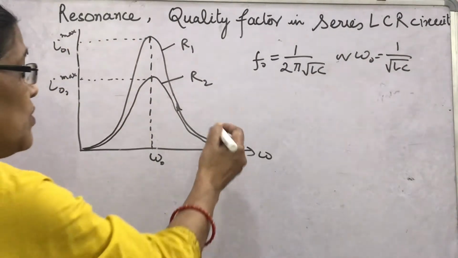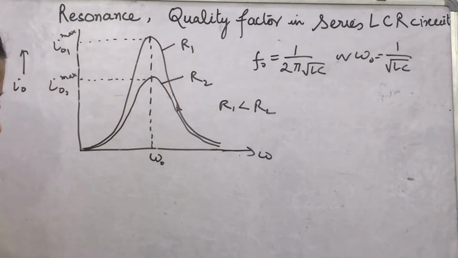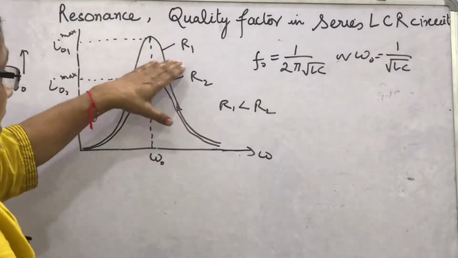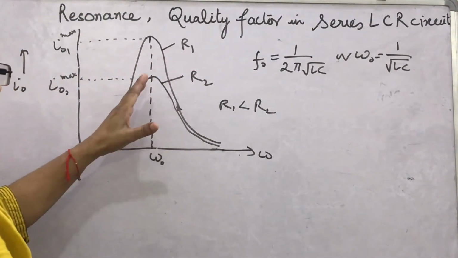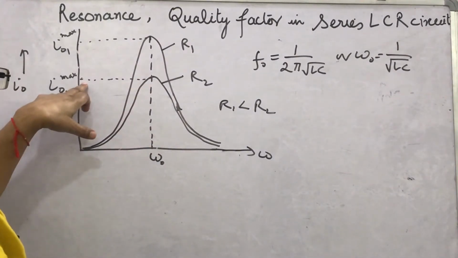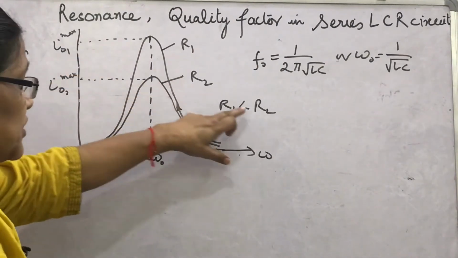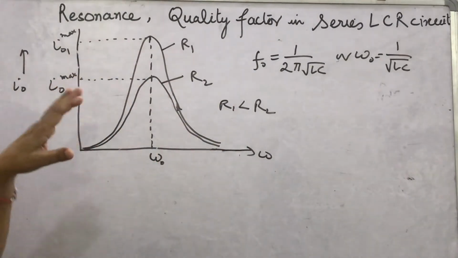So what will you conclude? That R1 is less than R2. And what we find is that as the resistance increases, the maximum current decreases. This R2 is more, then maximum current is less.